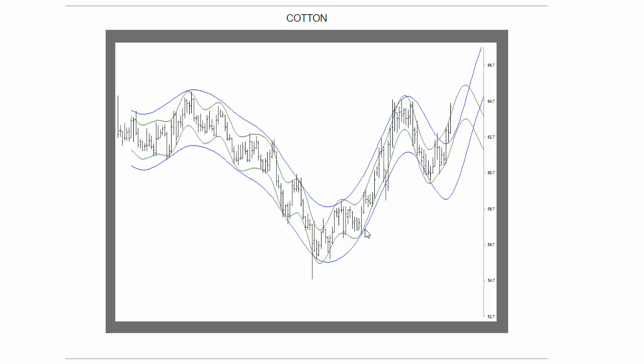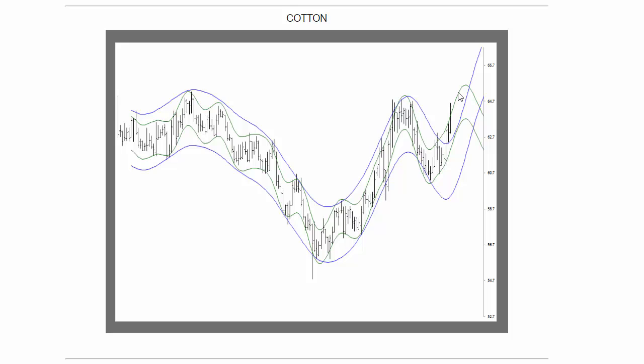This is already way hindsight, so it's really not a good example to show. But we can see, if you'll note here, for example, that cotton could possibly exceed this swing top here, and if it does, then this anticipated pullback we would expect would pull back no further than here before we had a follow-up rally to it.